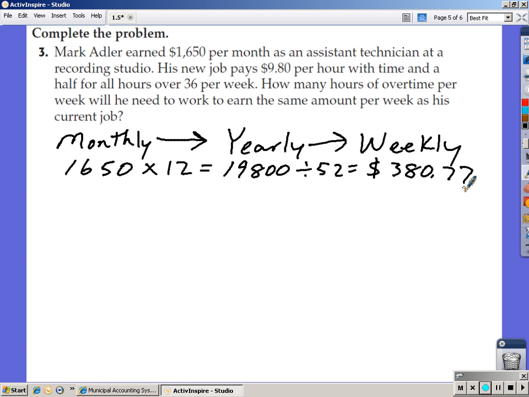Now we need to identify our variable. So let's let H equal our overtime hours.